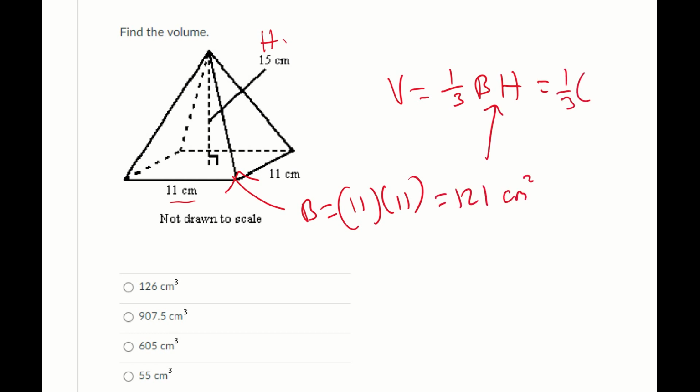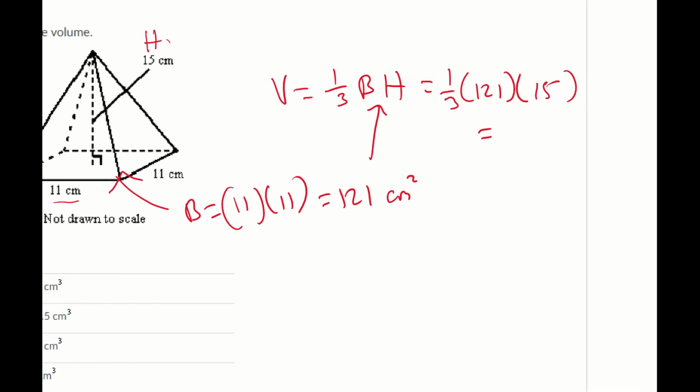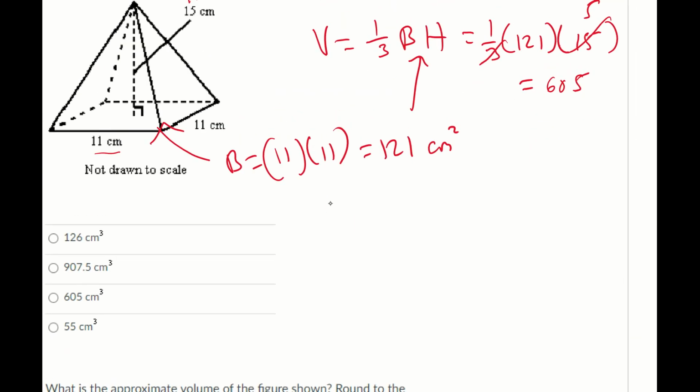We got 1/3 times 121 times the height of 15, and we know that 15 divided by 3 is 5, and then you could do 5 times 121. Now 5 times 120 is 600, and then you can just add the 5 in there. So it should be 605. So you get 605 centimeters cubed.